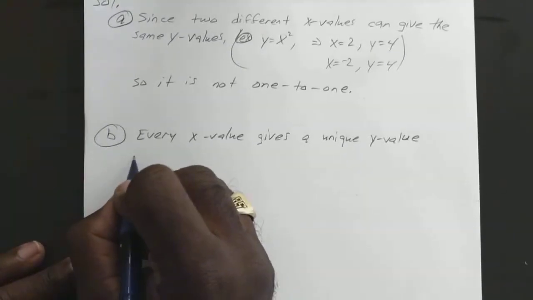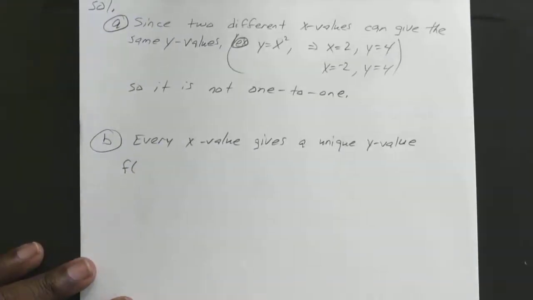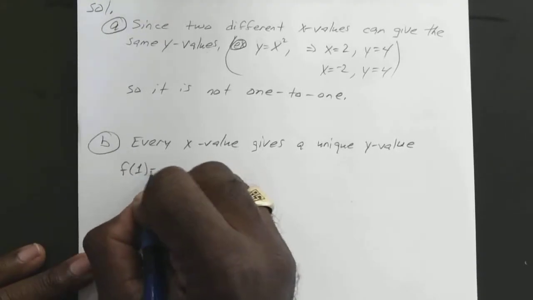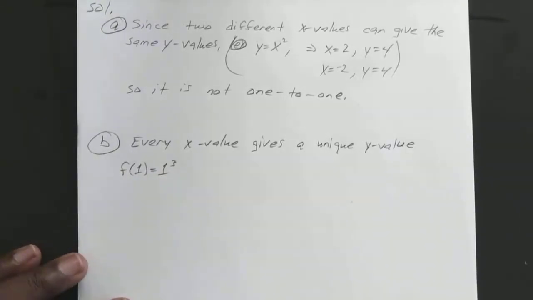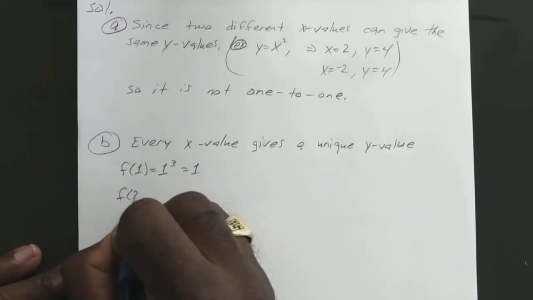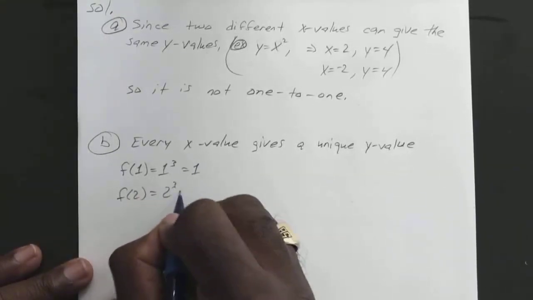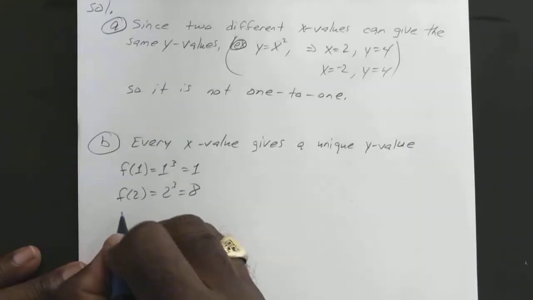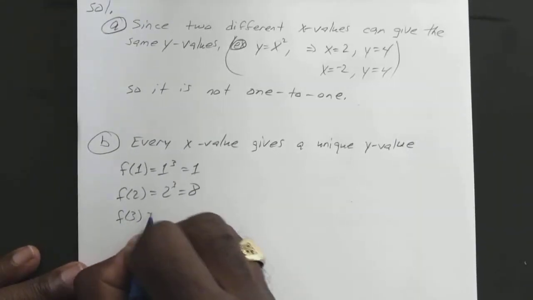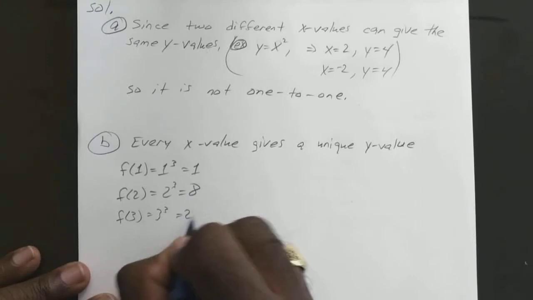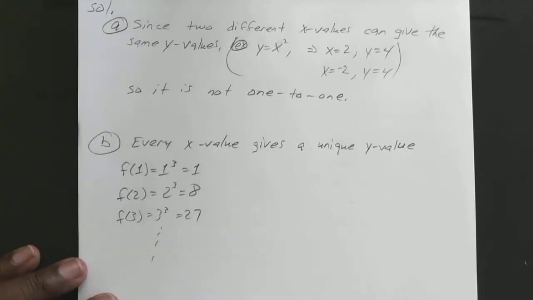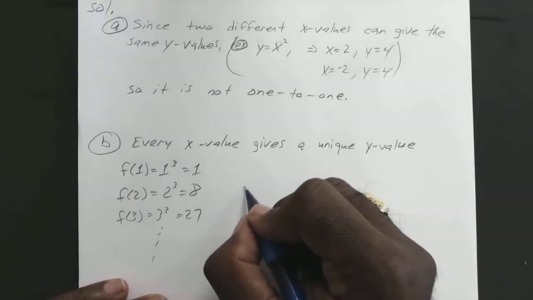Okay, so if you have, let's say, f of 1 equals 1 to the third, which is just 1. f of 2 equals 2 to the third, which is 8. f of 3 equals 3 to the third, which is 27, and it keeps on going. So if we try the negative numbers, we'll just get the negative of those.